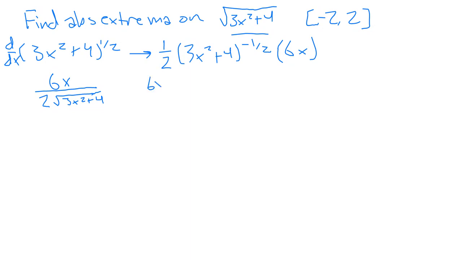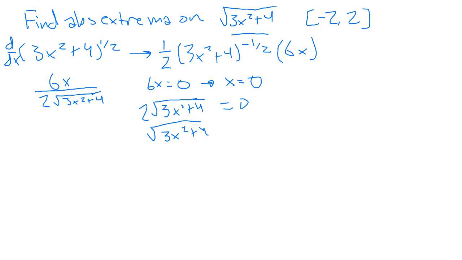So 6x equals 0 is going to be x equals 0. Now we have 2 times the square root of 3x squared plus 4 equals 0. We can move over that 2 to get the square root of 3x squared plus 4 equals 0.